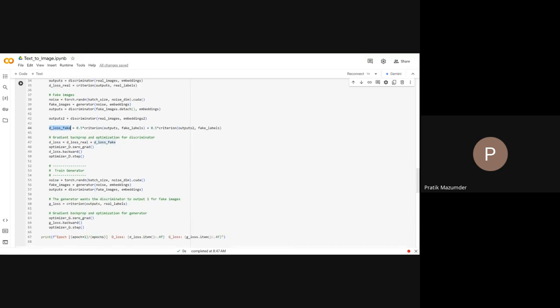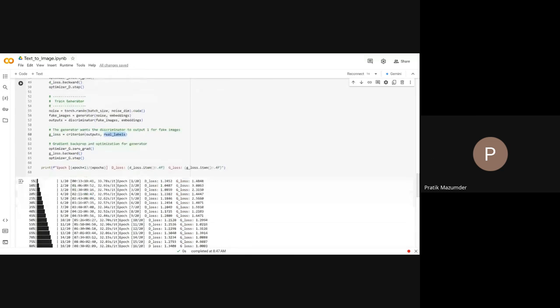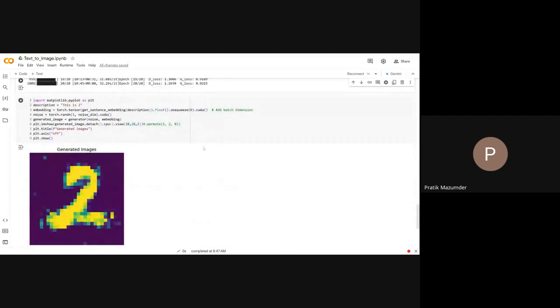It will try to take the generated images and make the discriminator output the real labels for them. This way, both of them play against each other. At the end, if you give a description like this is 2, it's able to generate the 2 image. It's very basic, nothing special about this description, but for MNIST we did not have any other information, so we had to make do with this setup.